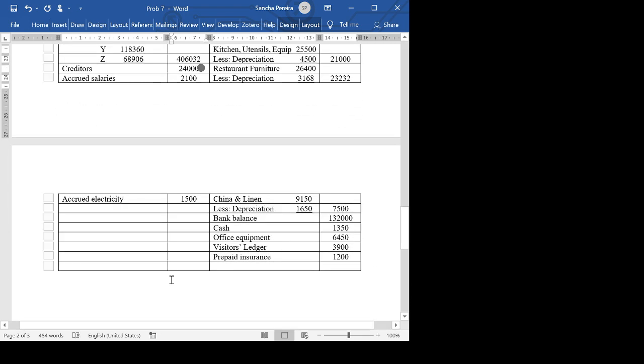And then the final balance sheet total will be 433,632, on both sides.